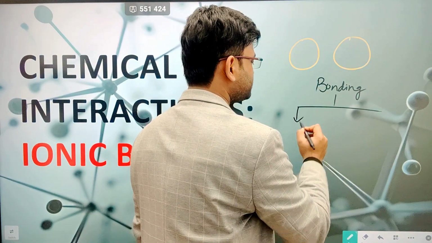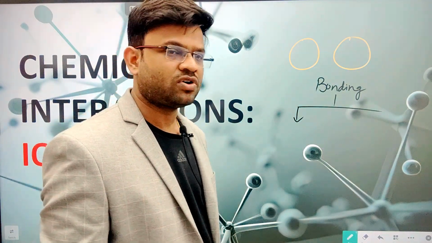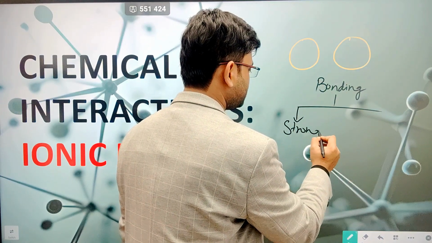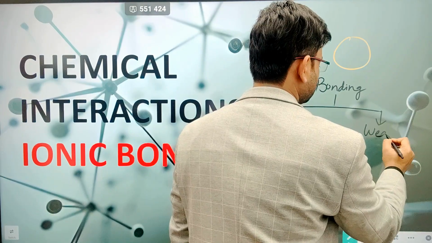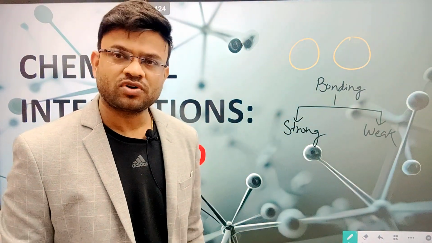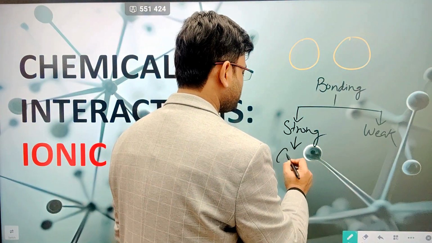If the bond strength is very high, or the bond is very strong, then this is one type, and if the bonding is weak, this is another type. If the bonding is strong, then often we say that the bond is of covalent nature.